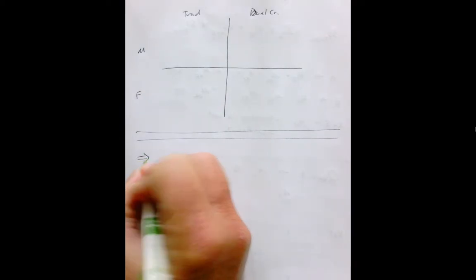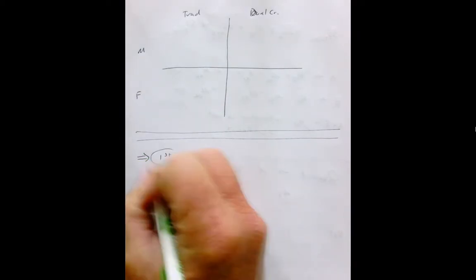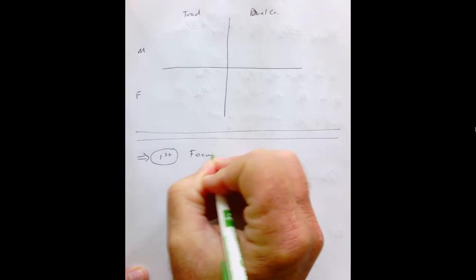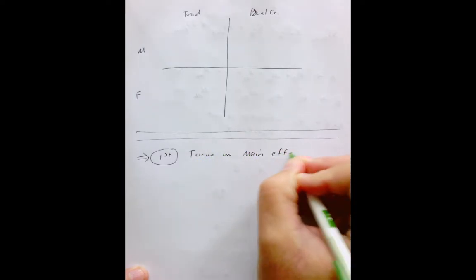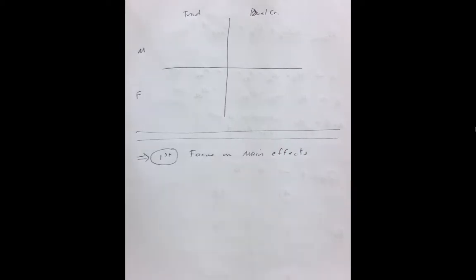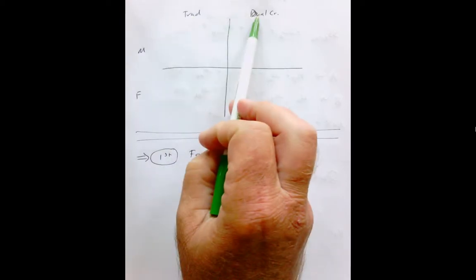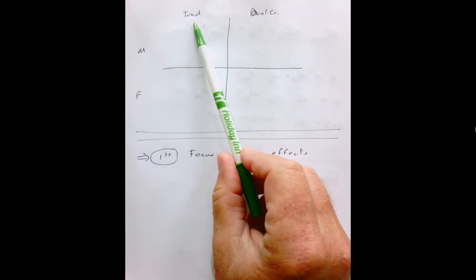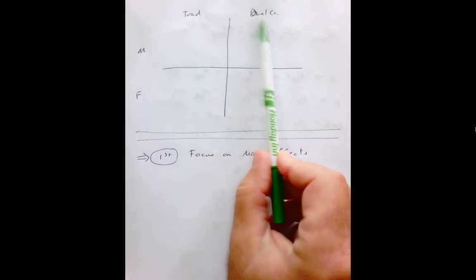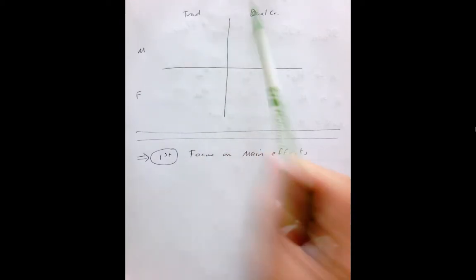Now, the very first thing that we would want to look at here is our main effects. I want to focus just on traditional and dual credit. So I want to see, carrying out kind of an elaborate glorified t-test, are the mean scores different just across traditional and dual credit?